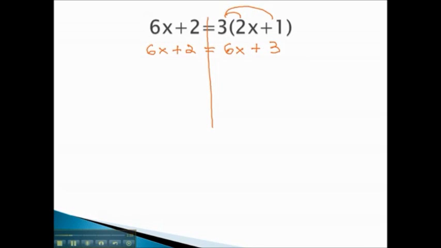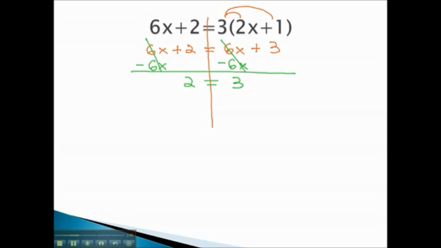At this point, we like to get the variable all on one side. We can get rid of 6 positive x's with 6 negative x's, subtracting 6x on both sides of the equation. Notice the 6x's subtract out of the left, leaving just 2, equals 6x minus 6x subtracts out, leaving just the 3.